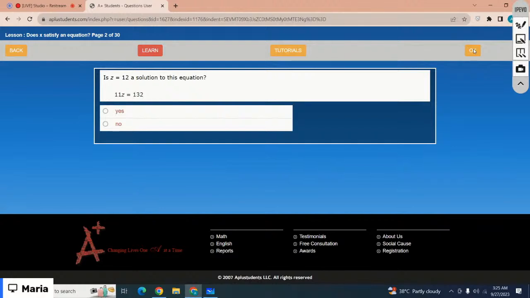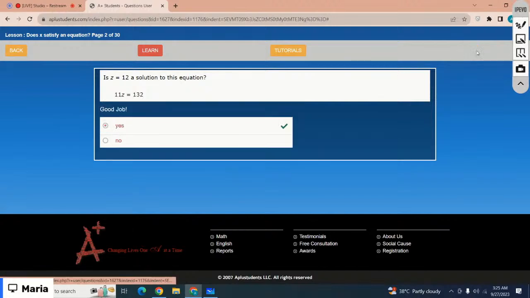The correct option is yes, right? z equals 12 is the solution of the given equation, because when you multiply 11 times 12, that would be 132. So yes, it is a solution of the equation.